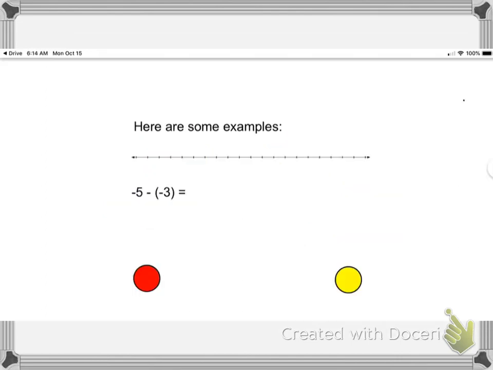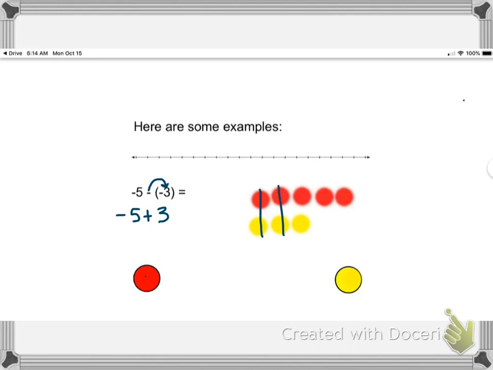So let's look at this next one. We have negative 5 and the opposite of negative 3. The opposite of negative 3 is a positive 3. So let's take our negative 5, 1, 2, 3, 4, 5, and a positive 3, 1, 2, 3.